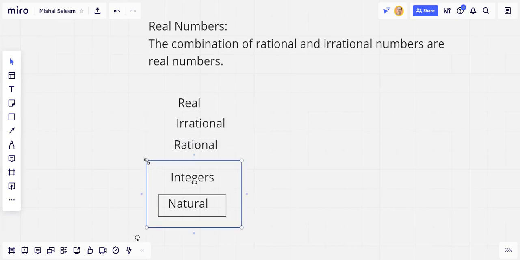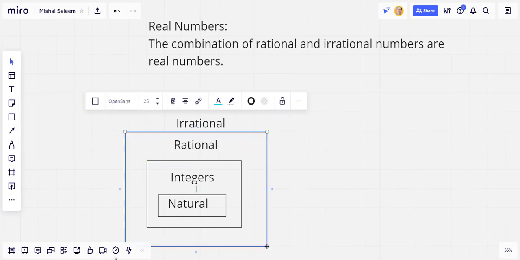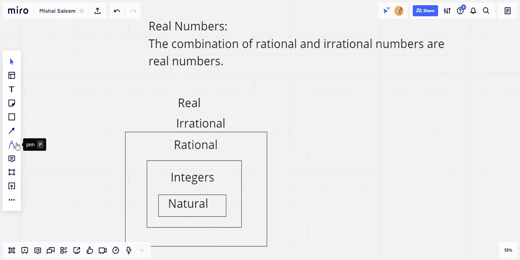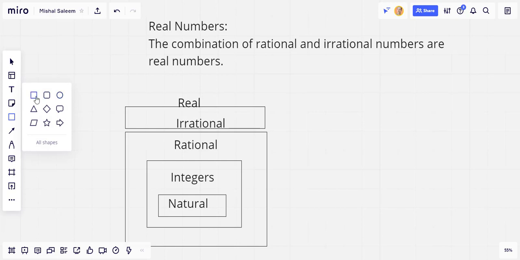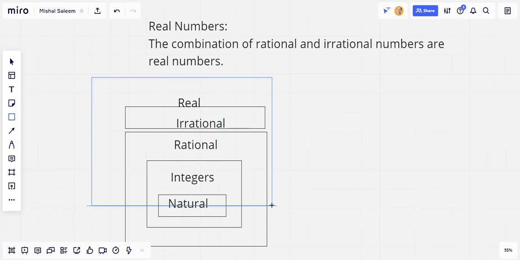It has enclosed the natural numbers inside it. And then the rational box is bigger than integers, so you see integers and natural numbers are both inside the rational box. But the thing is different for irrational, which is just alone there. And then for real, they're all called real numbers.